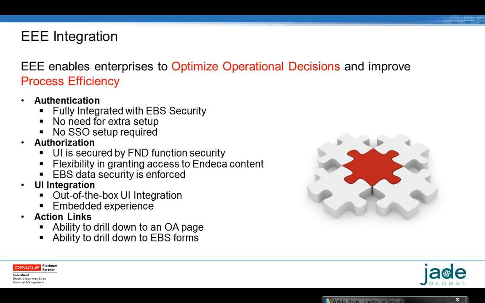Again, there's no separate security model needed. Whatever you're doing in your EBS, the same thing is applicable here too. As far as data security is concerned, if you have MOAC security or Oglev security, the same security will be applied on your out-of-the-box Endeca applications also.